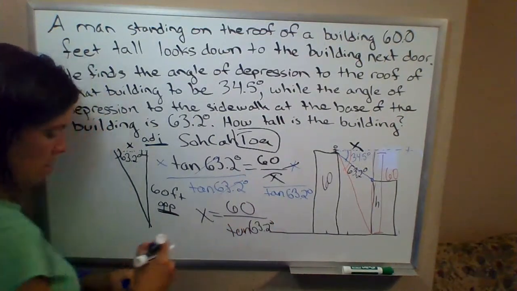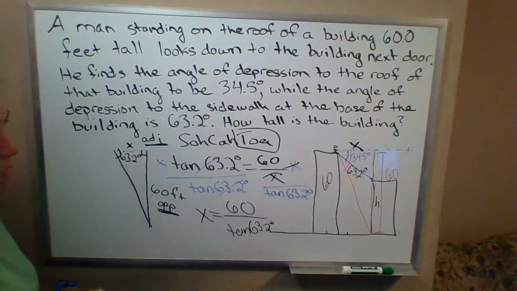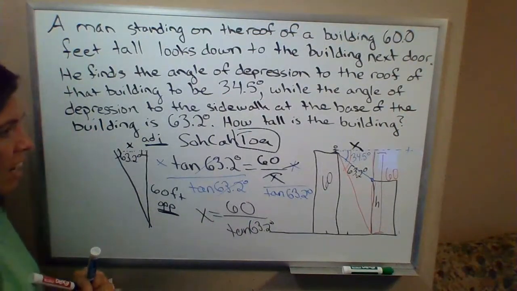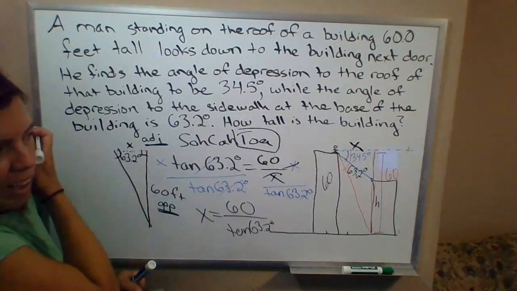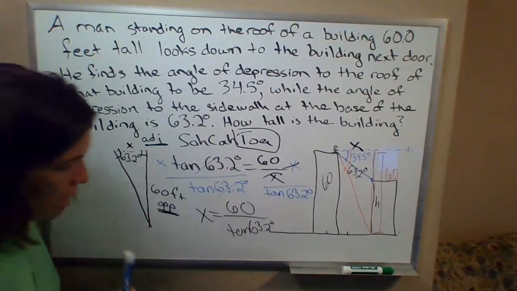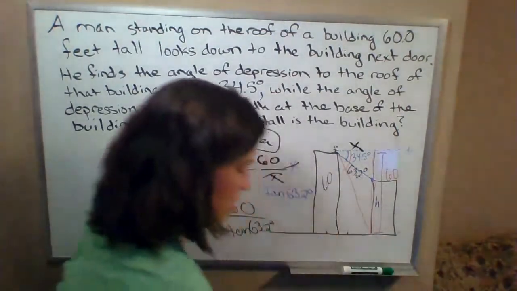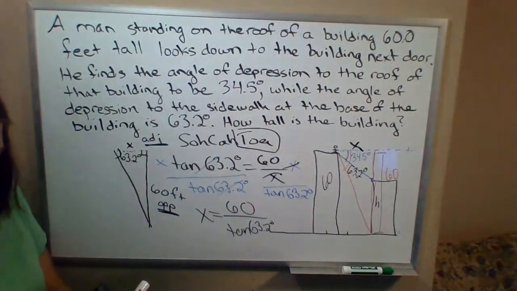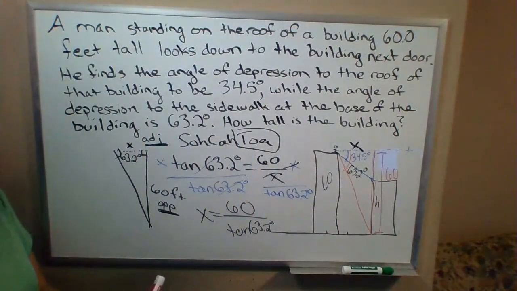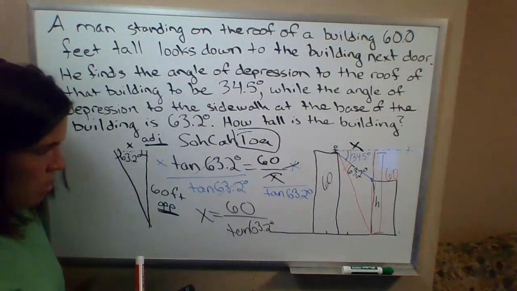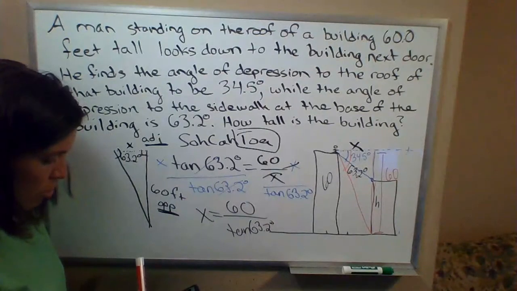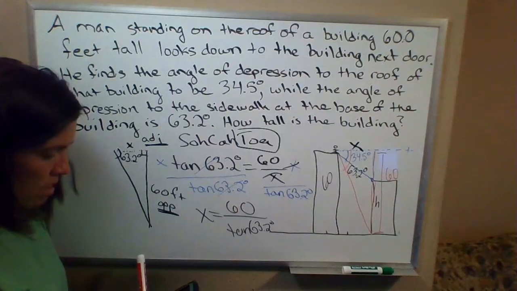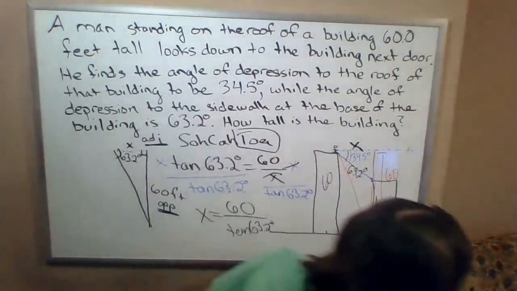And so now we could grab a calculator, make sure you're in degree mode, and get the value for x. I know in general it's best to wait till later, but I don't want to make this more complicated than it already is. So 60 divided by tangent of 63.2 degrees gives us 30.3.